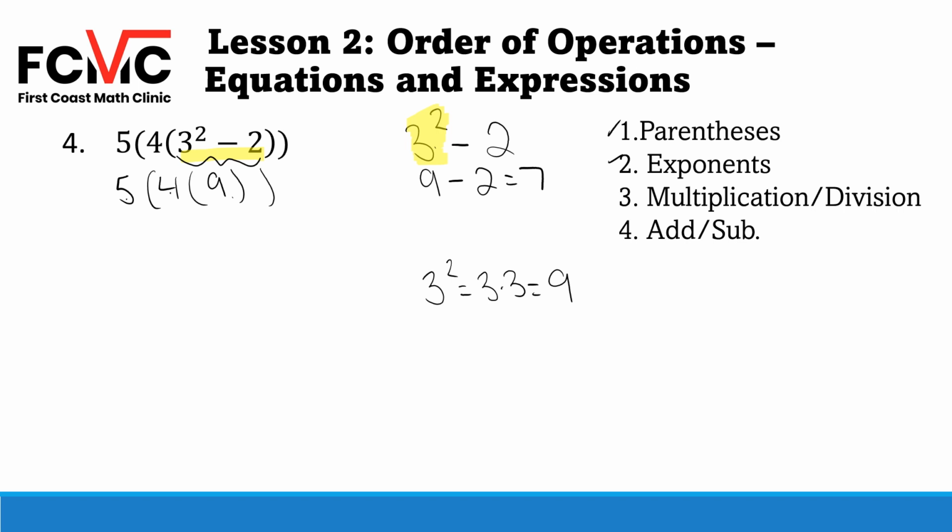So I'm going to start right here. 4 times 7 is 28, and then 28 times 5 is going to give us 140. So we started with our exponent, and then parentheses, and then subtracted, because we did what's inside of our parentheses, and then just kept working outside of our parentheses. So we multiplied by 4 and then multiplied by 5.